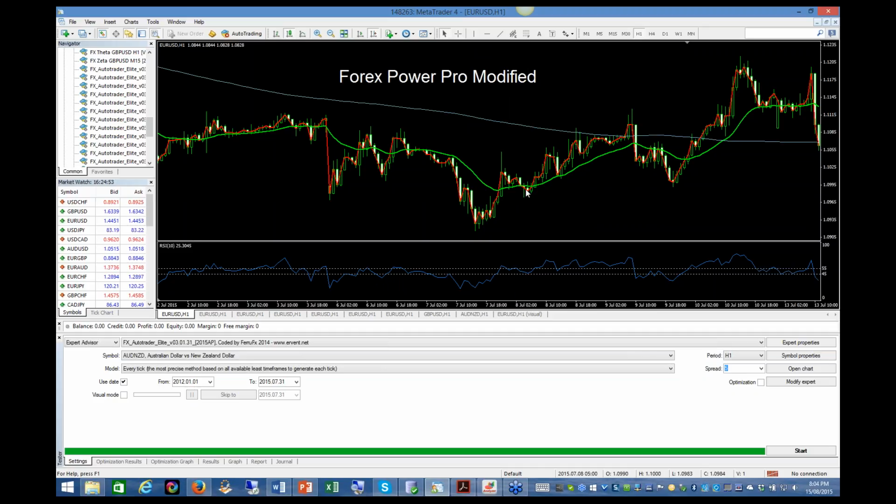So luckily we wouldn't be triggered, but we would surely have been triggered at this point here, and obviously that would still have been a loss. However, by adding that, we actually do improve the profitability of this strategy quite markedly.